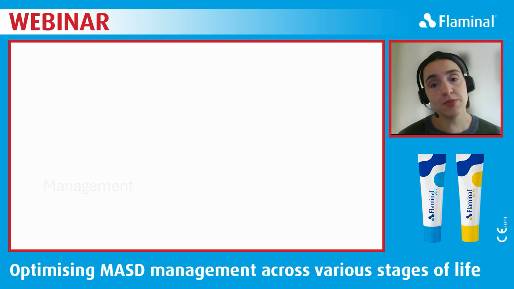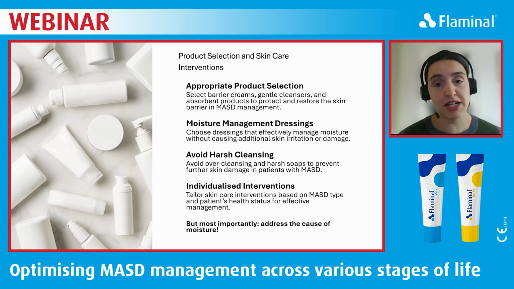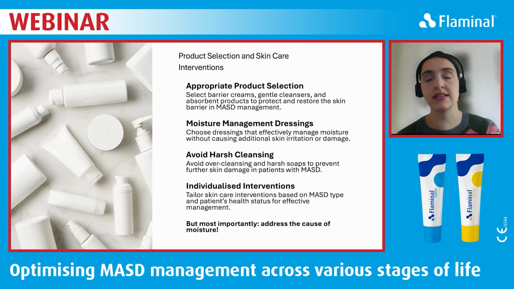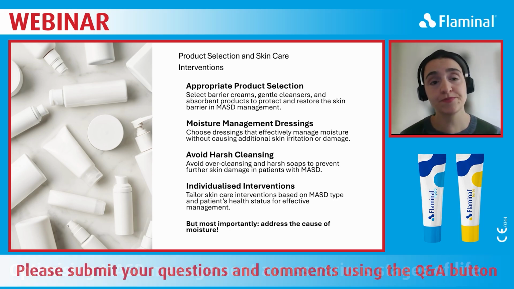So in terms of management and clinical practice, effective management of MASD involves selecting the appropriate skincare products and interventions tailored to the patient's condition. So things like barrier creams, gentle skin cleansers, and absorbent products help protect and restore the skin barrier.